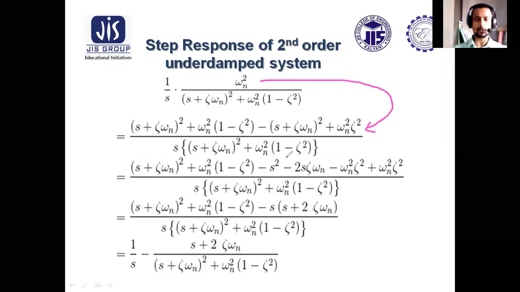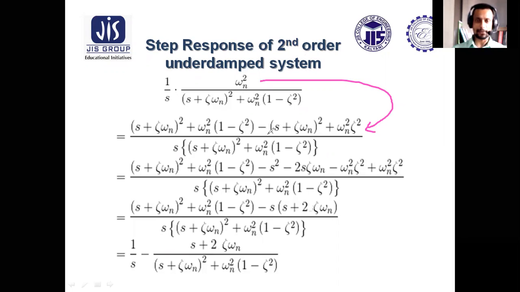We have taken some quantities extra. See, first we have taken s plus zeta omega n whole square plus omega n square into 1 minus zeta square. So whatever is in the denominator is taken in the numerator, minus s plus zeta omega n whole square is taken extra. So minus of s plus zeta omega n whole square.